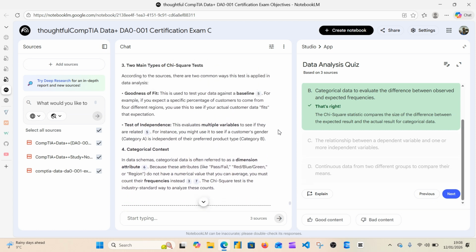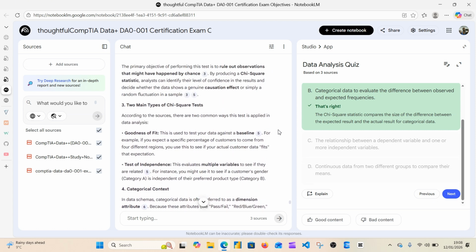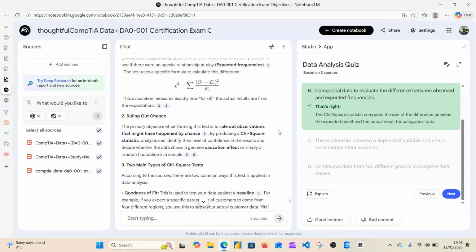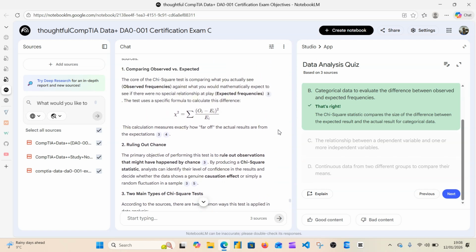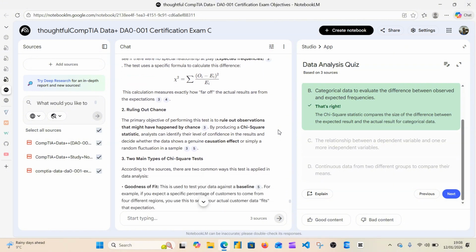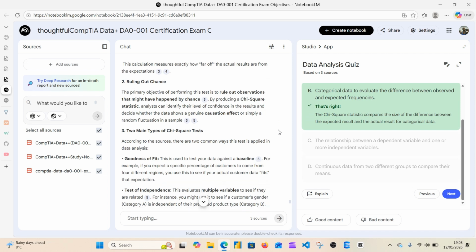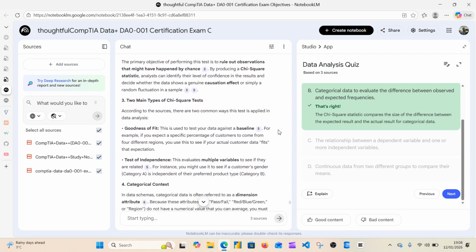Let me go back up there one more time. Comparing observed versus expected, ruling out chance. Two main types: goodness of fit, which is used to test the data against a baseline, and test of independence, which evaluates multiple variables to see if they are related.